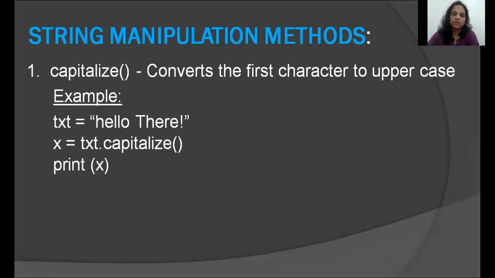Suppose I have a string, hello there. Now can you see T is in capital, rest everything in small. What will the capitalize function do? It will capitalize the first character of the string. What's the first character of the string? H. And all the others it will make lowercase.